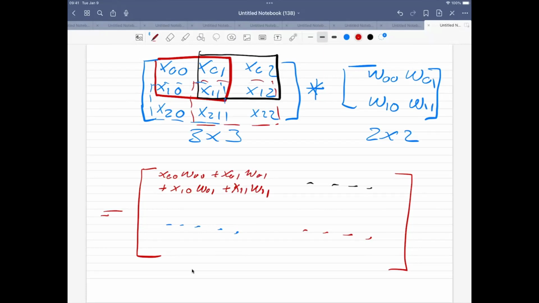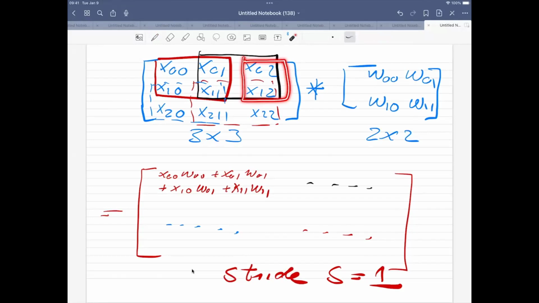In this case, what we have done is that we have moved one column at a time. So that means that there is a new parameter, which is called stride. This is S, and it has a value equal to 1 here. If I put stride equal to 2, on the other hand, I would only have these 2 elements, which would have to be convoluted with the 2 by 2 matrix.